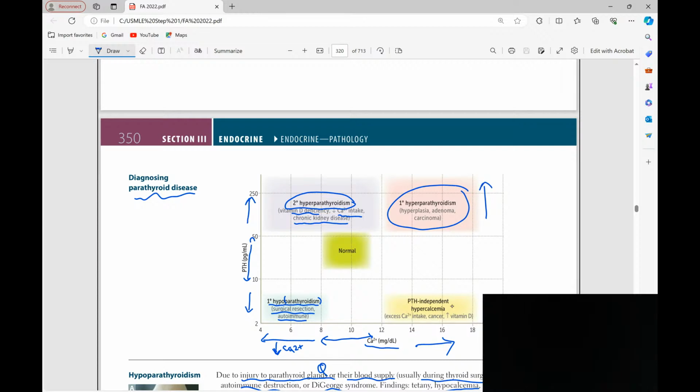And here in PTH independent hypercalcemia, calcium is high, but parathormone is not that high. This is because it is not dependent on PTH. We have seen that with increased vitamin D, with paraneoplastic syndrome.